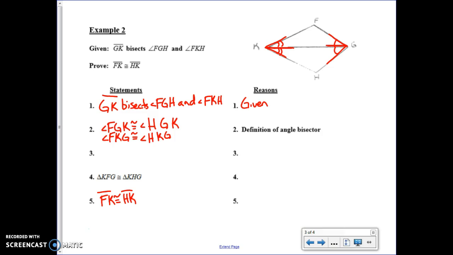Okay, now we have statement and reason 3 that are totally empty. So I'm going to go back and look at the picture. I have two pairs of angles marked, but I see that those two triangles are touching right here in the middle. And so those then are going to be congruent to each other. And so we talked about going in the same order. So I noticed that in the top triangle, if I go from 2 arcs to 1 arc, it's in the direction of KG.